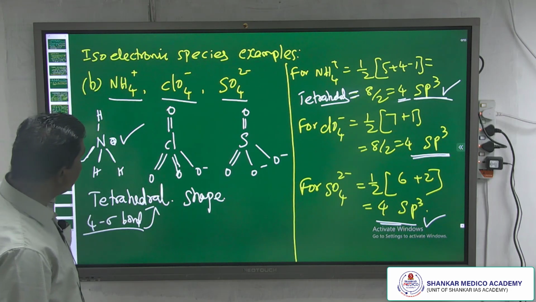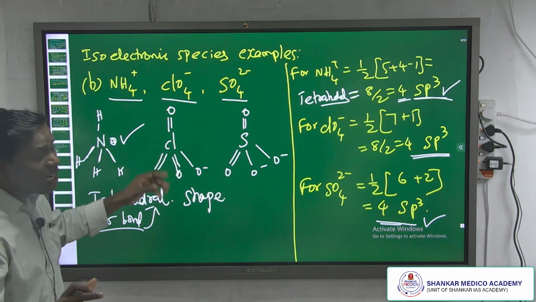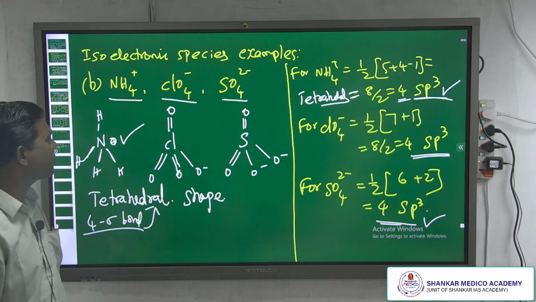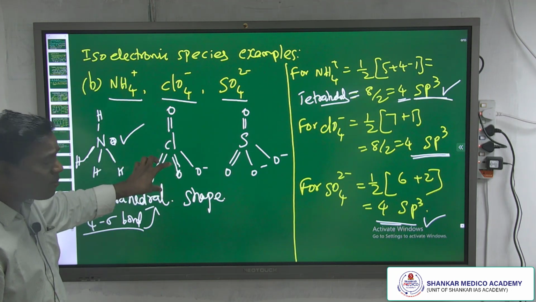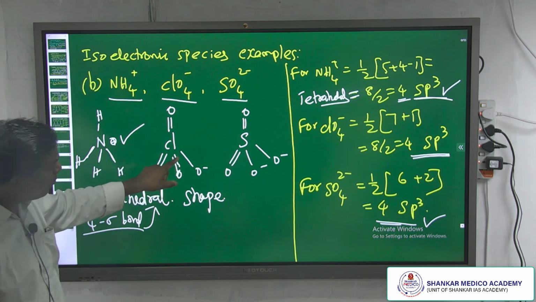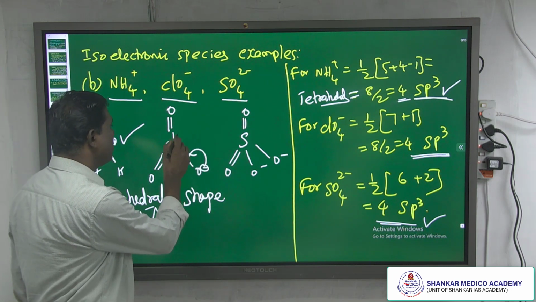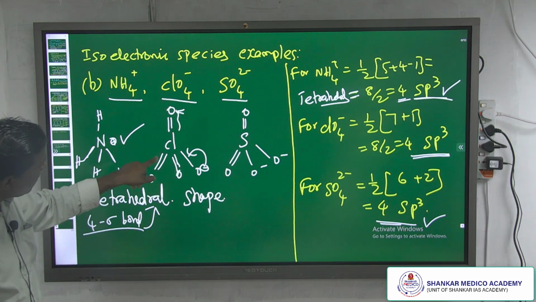And of course perchlorate: chlorine has 7 valence electrons, so 7 bonds you can see here, and 4 oxygens. Out of 4 oxygens, 3 have double bonds, and only 1 is this one. And look at the number of sigma bonds, 1, 2, 3, 4.